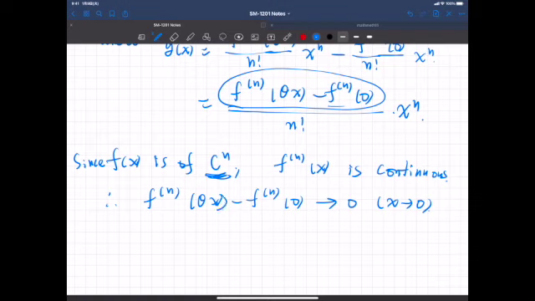Right? Because if x approaches 0, then theta x approaches 0. So they should be equal, because it's continuous.